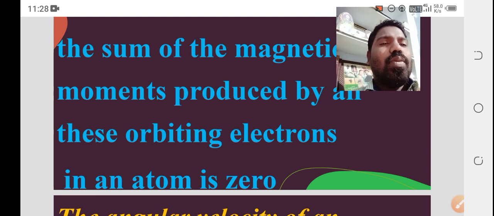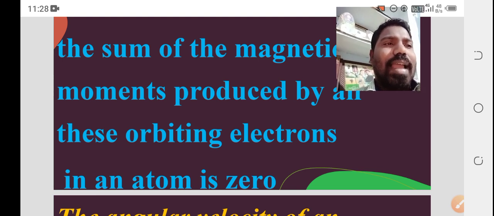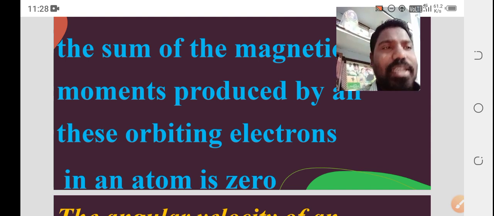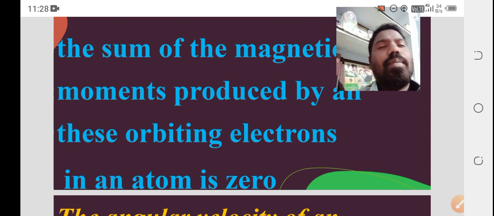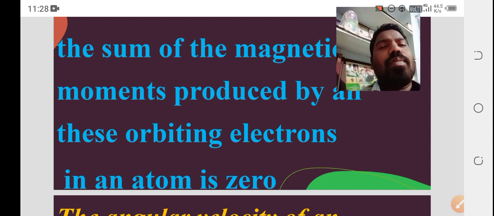Why? Because one is clockwise and the other is anti-clockwise. That means clockwise and anti-clockwise are randomly oriented. Because of this, the net magnetic moment produced by all these orbiting electrons in an atom is 0.